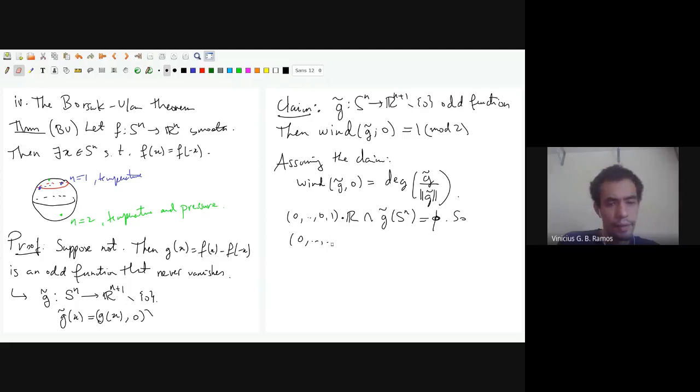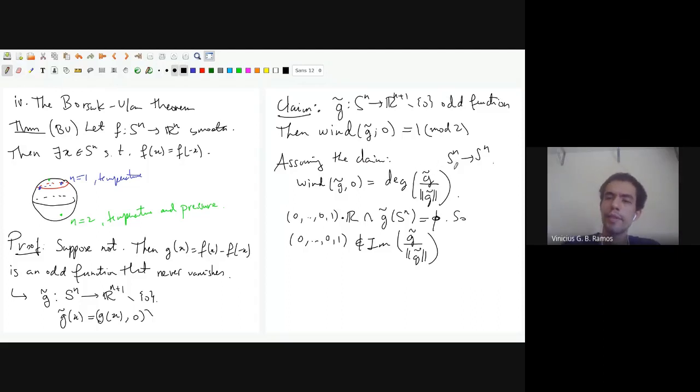So this means that if I take the unit normal vector, say this guy here, this does not belong to the image of g tilde over the norm of g tilde. Remember, this g tilde over the norm of g tilde is a function from S^n to S^n.